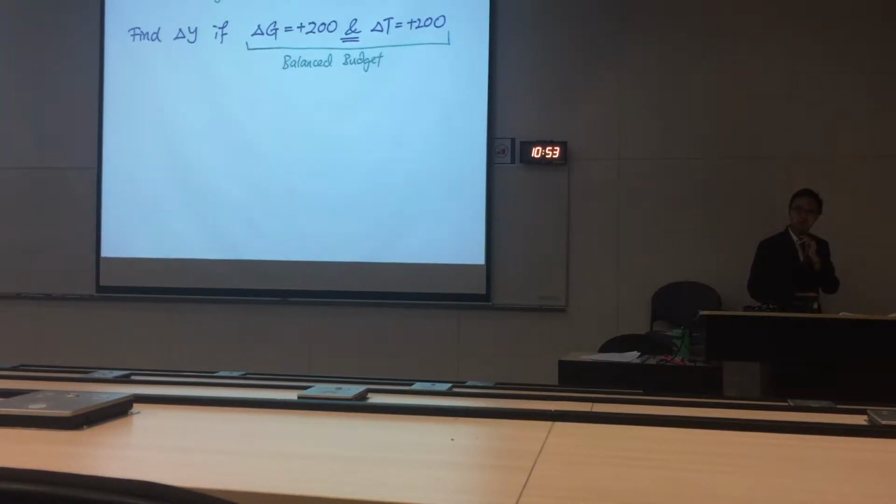Your balanced budget multiplier should be a value of 1, right?